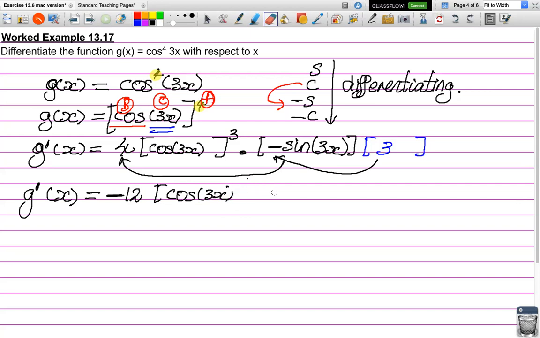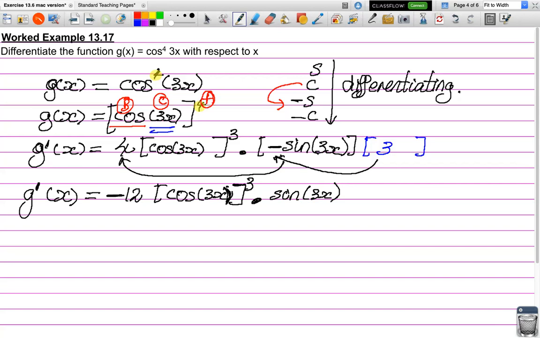Don't forget, we've taken care of the 3, we've taken care of the minus sign, we've taken care of the 4. So all that's left to write here now is the sine of 3x, and then we're finished.